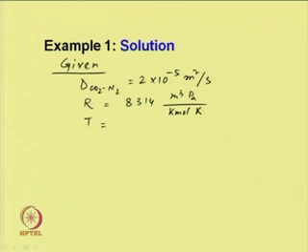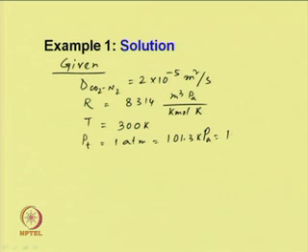T, the temperature of the system, is 300 K. Pressure Pt is given as 1 atmosphere, which is equal to 101.3 kilopascal, equal to 101.3 into 10 to the power 3 Pascal.